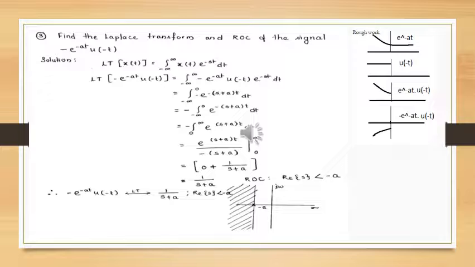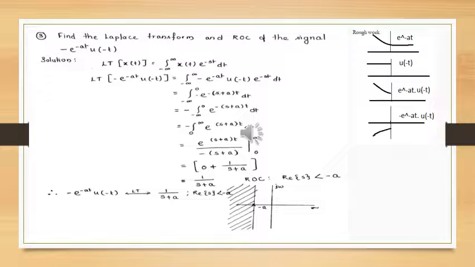So the integral is changed to 0 to infinity, t is substituted as minus t. So we have e raised to s plus a into t, dt will be changed to minus dt. So we have minus integral 0 to infinity e raised to s plus a into t dt.